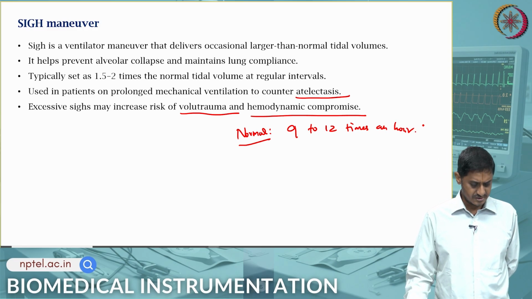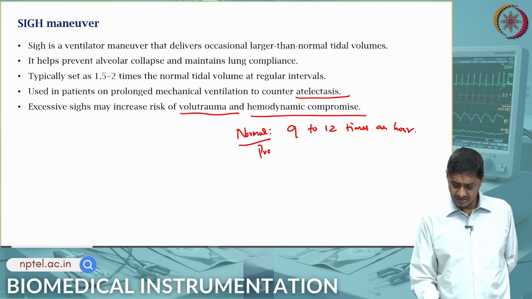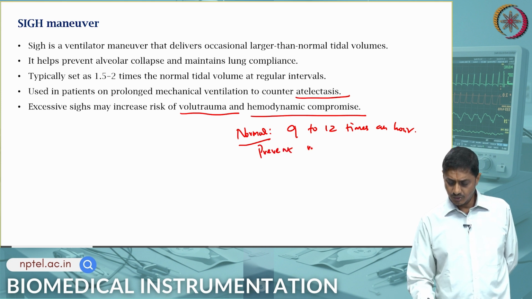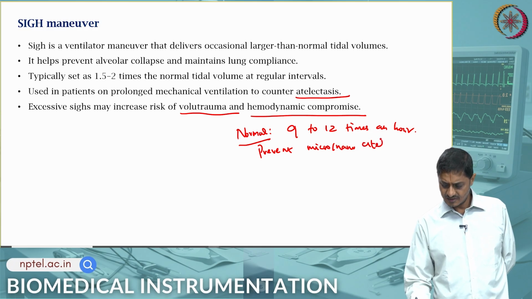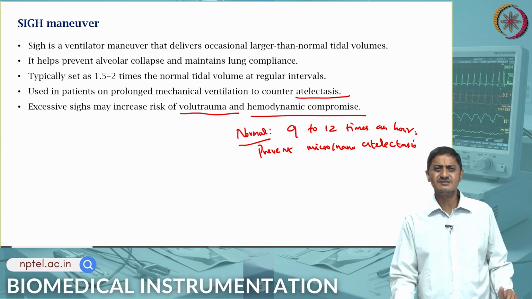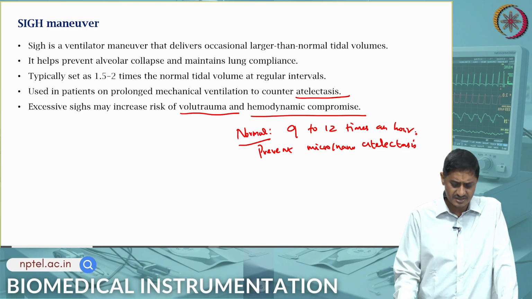Why do normal humans also do that? To prevent micro or nano atelectasis at the smallest level, to prevent even small amounts of atelectasis, we sigh. This is done by all humans, healthy humans also, right.